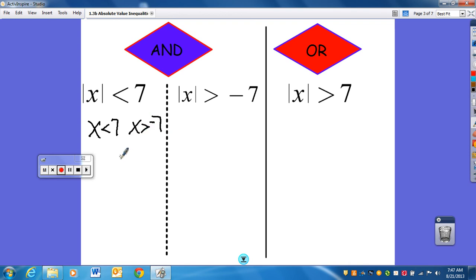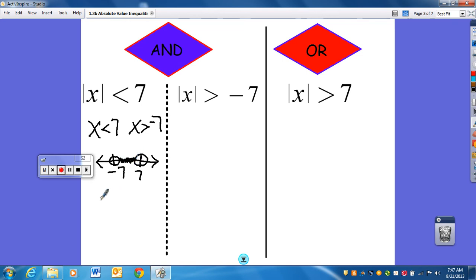So if we were to graph this situation, we'd draw our number line, and we'd have our two tick marks for our solutions, one at negative 7 and one at positive 7. At positive 7, we have an open circle and it's less than, so we're shading to the left. At negative 7, we also have an open circle because it's greater than, and numbers that are greater than shade to the right. So we can see that an "and" situation is a compound where we are having our range.